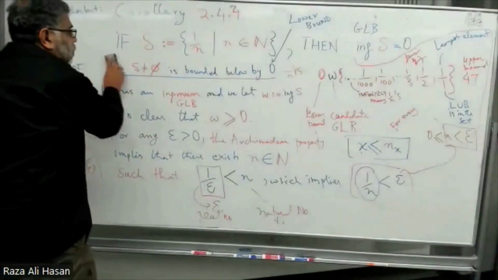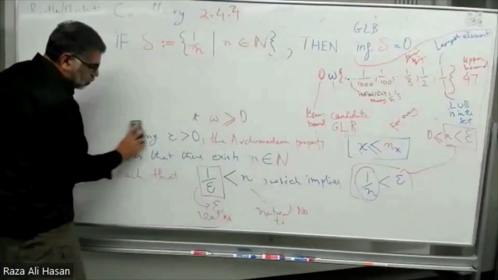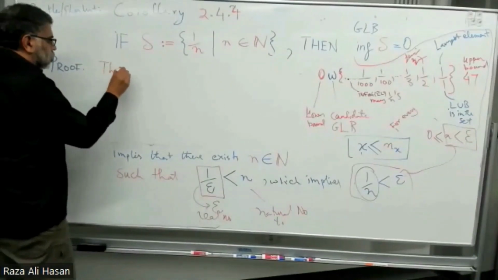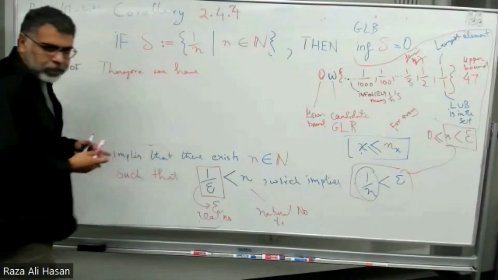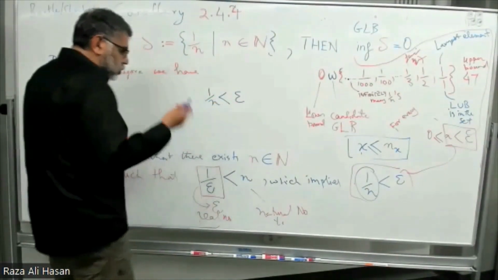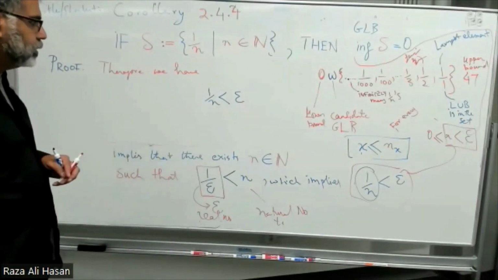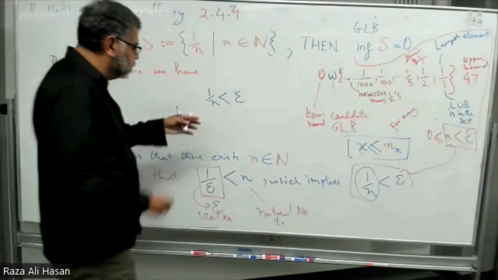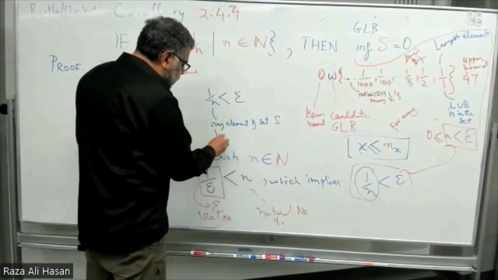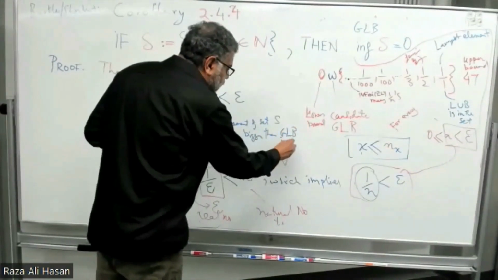Okay, so next step is, therefore, we have epsilon, and this guy is greater than any element of set S. It had better be bigger than or equal to the GLB, the infimum.